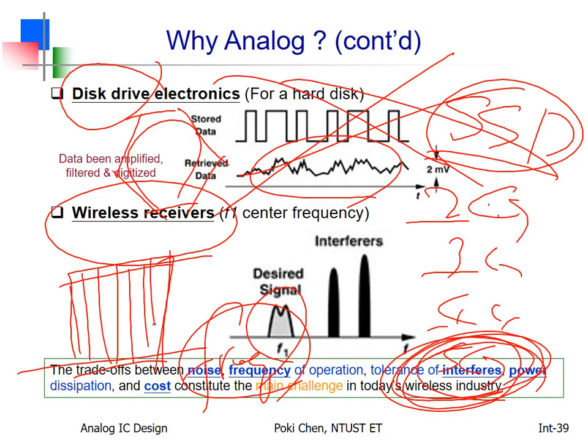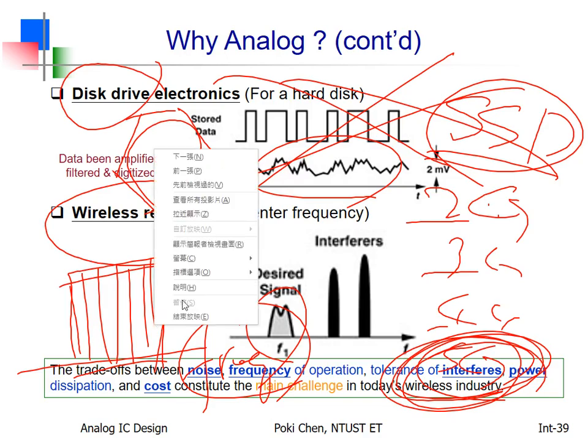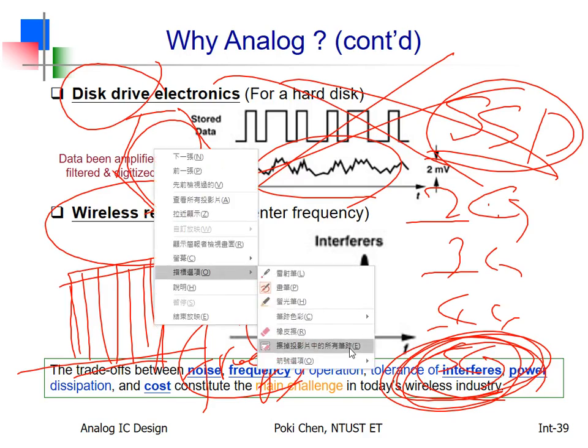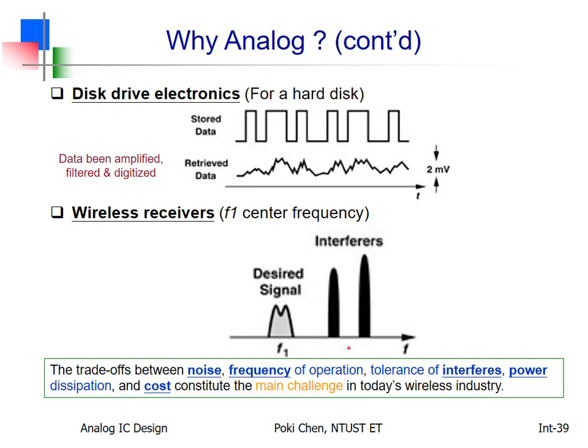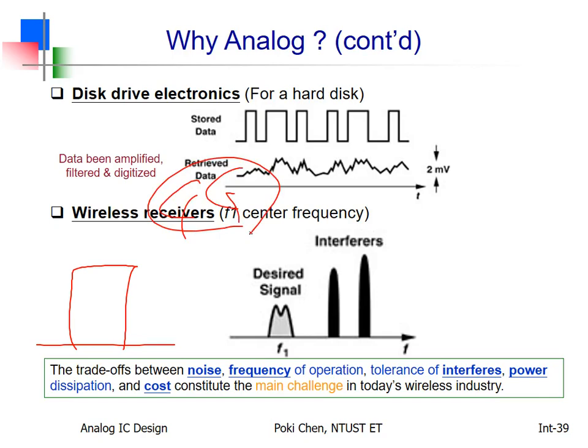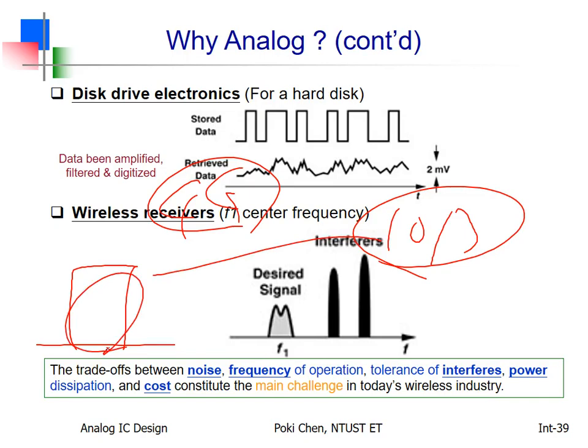Anyway, since the band is very precious in Taiwan for 4G, I guess each company needs to invest tens of billions of NT dollars to share the band, not to occupy the full band.